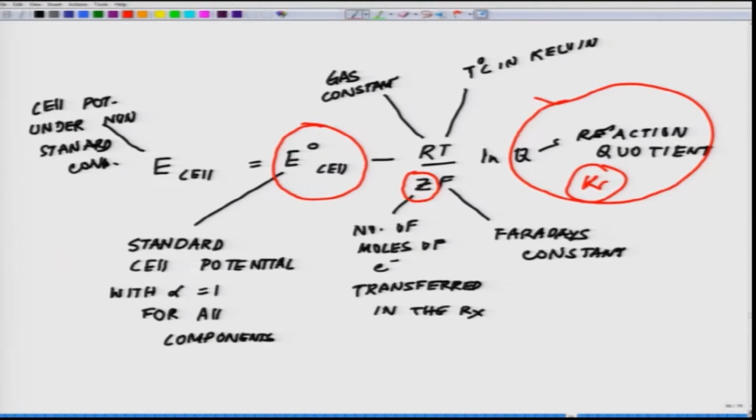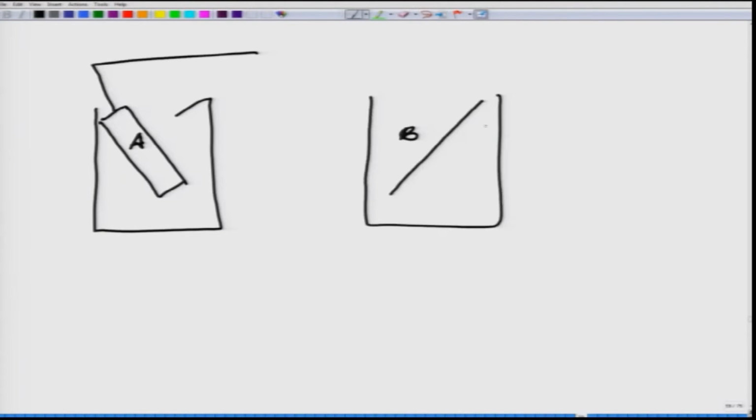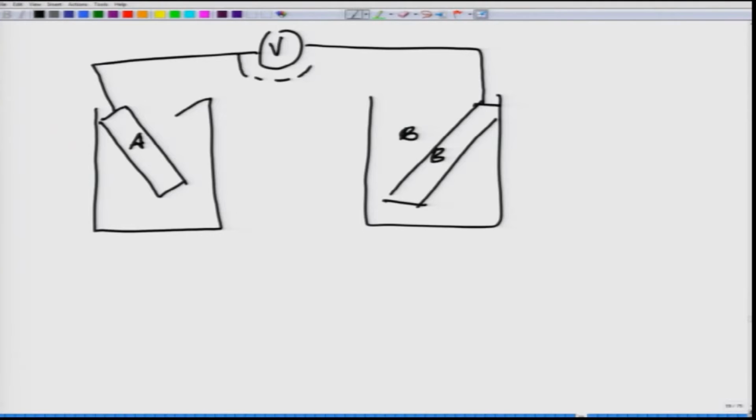But what I am going to highlight here is that, as of now, whenever we talked about cells, we talked about, say for example, an electrode A and an electrode B. Electrode A is something like this. You have electrode B, which is connected to a voltmeter, or you can directly connect it, you bypass it.